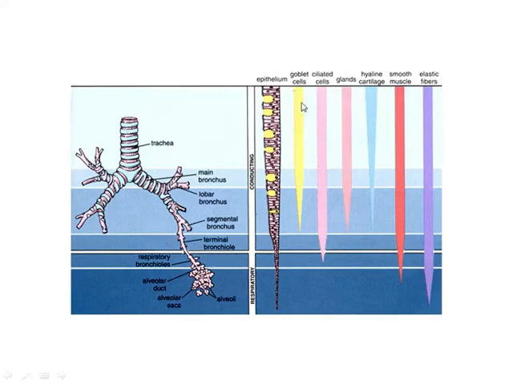Now here in this diagram, they have tried to show how the type of epithelium, number of goblet cells, ciliated cells, glands, hyaline cartilage, smooth muscles, and elastic fibers go on varying depending on the area where that windpipe histology is.